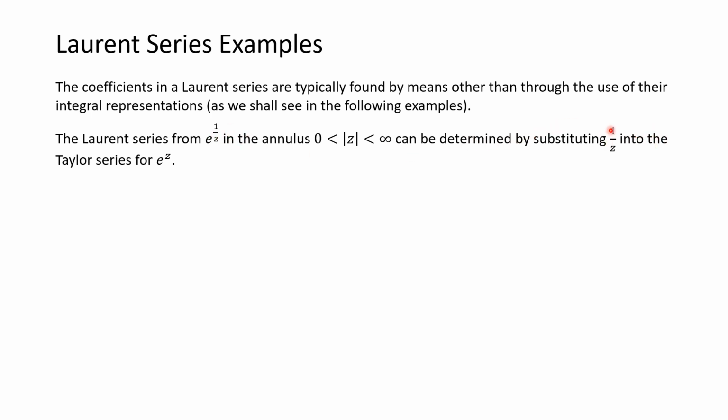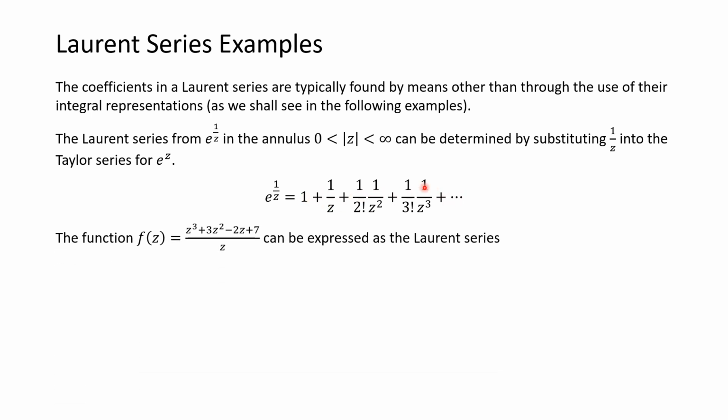So we plug in 1 over z into the Taylor series for e to the z, and we get this expansion here. And so this is our Laurent series, and it's defined everywhere except at z equals 0.